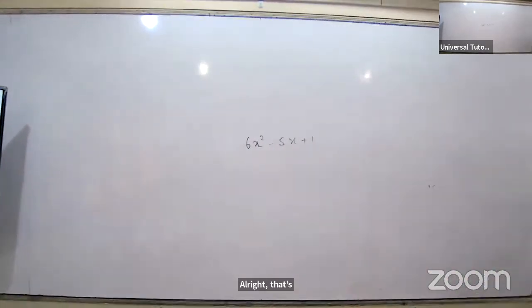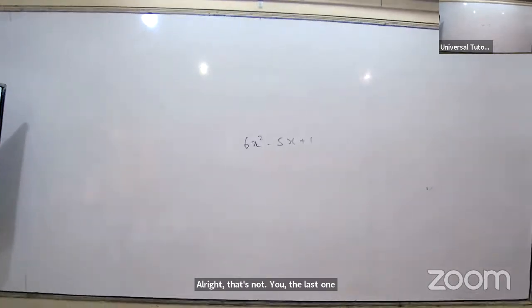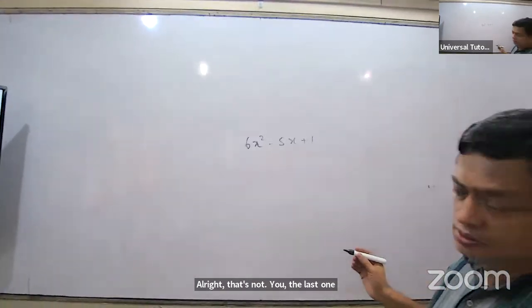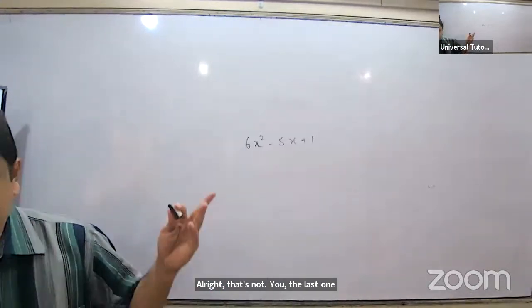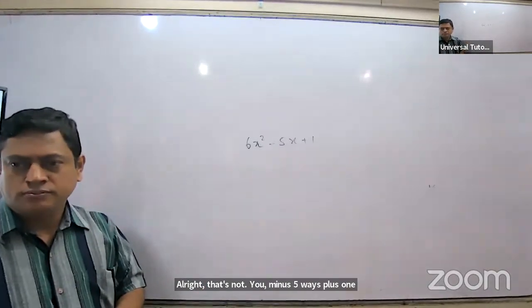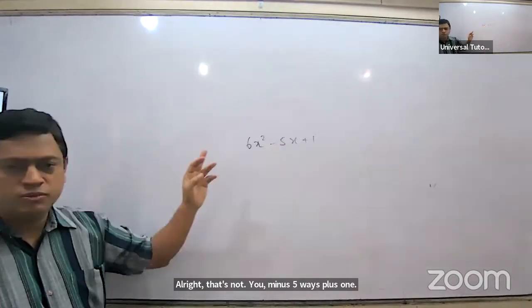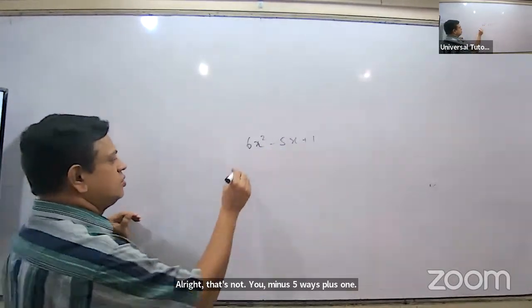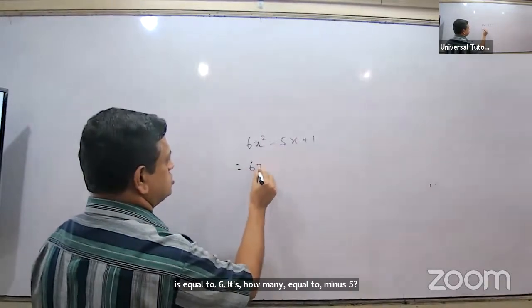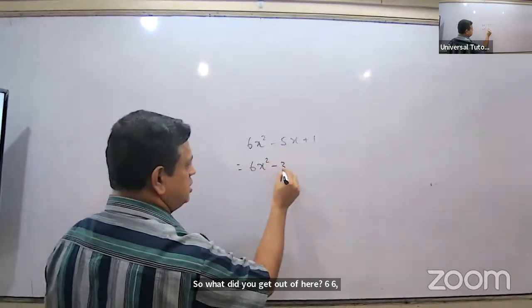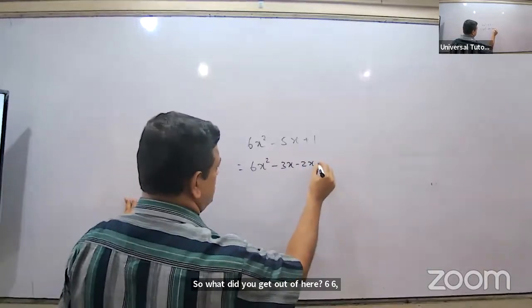So, 6x square minus 5x plus 1. Factorization you have done. How to split the middle term? Product is equal to 6 and the sum is equal to minus 5. So what did we get? 6x square minus 3x minus 2x plus 1.